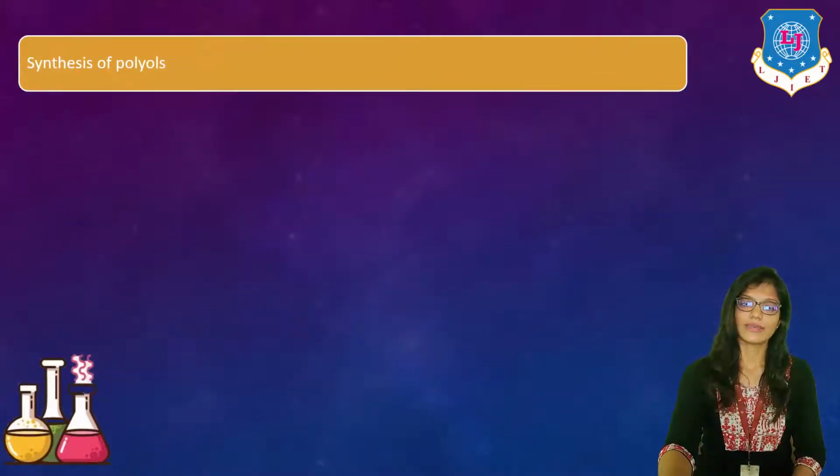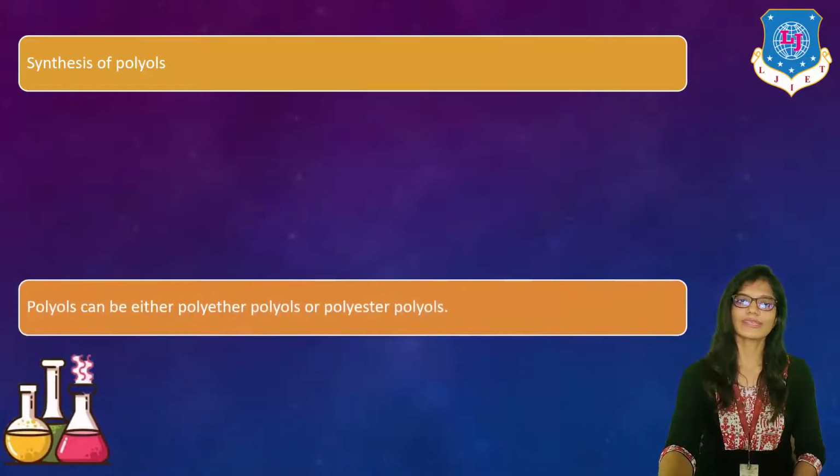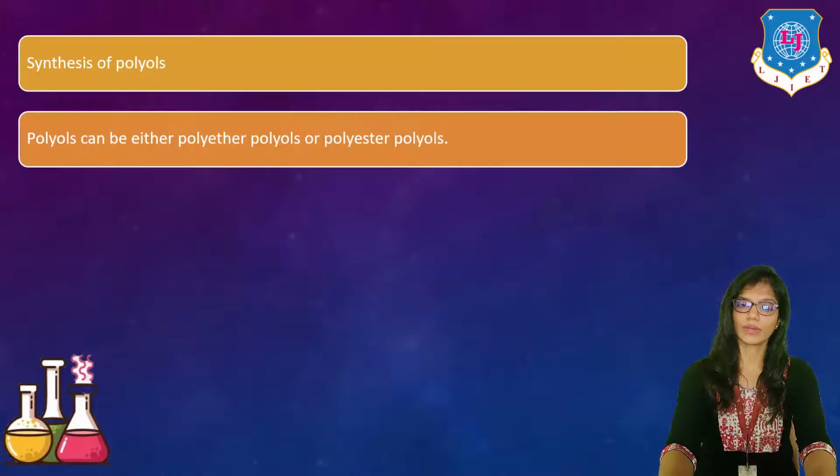Now let's see the synthesis of polyols and how it goes. Polyols can be either polyether polyols or polyester polyols.